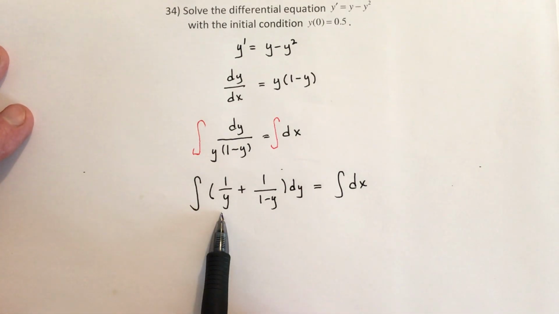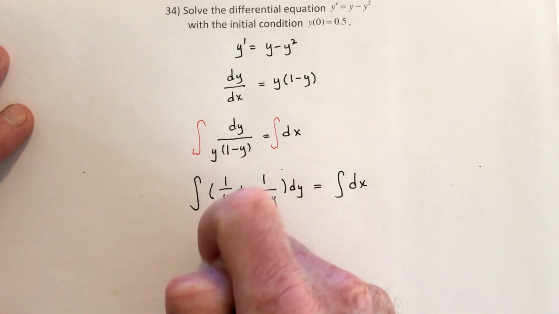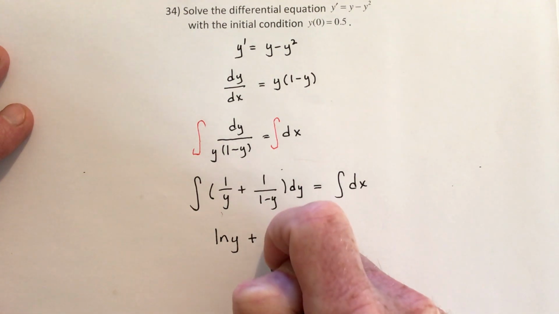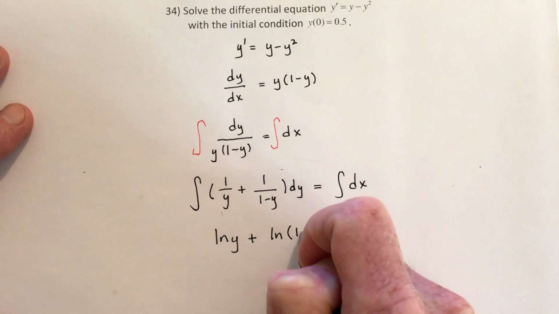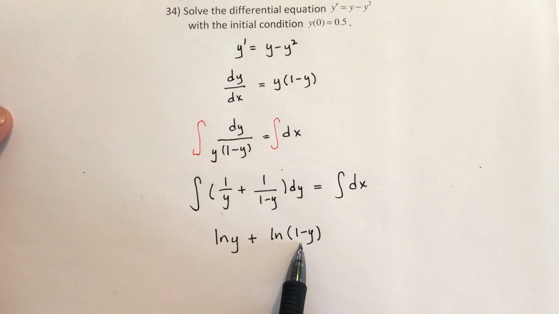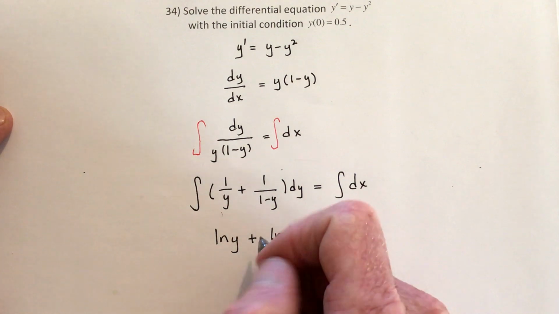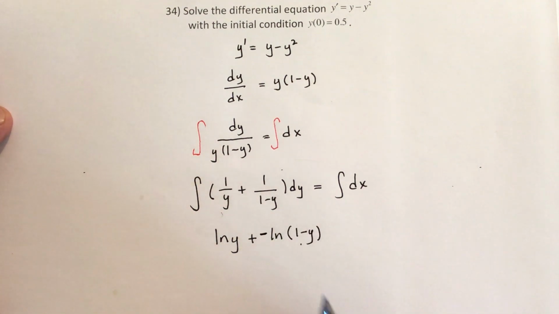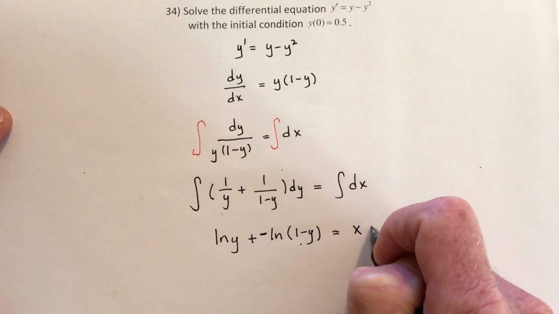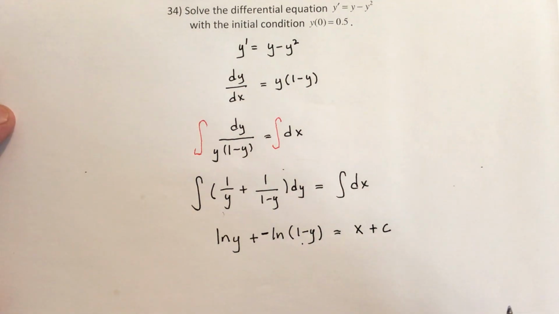And the antiderivative of 1 over y will be the natural log of y plus the natural log of 1 minus y. But on this one, don't forget the chain rule. The derivative of the inside would be a negative 1. So then you need to divide by negative 1, or you can multiply by negative 1. And on the right side, it would be x plus a constant.